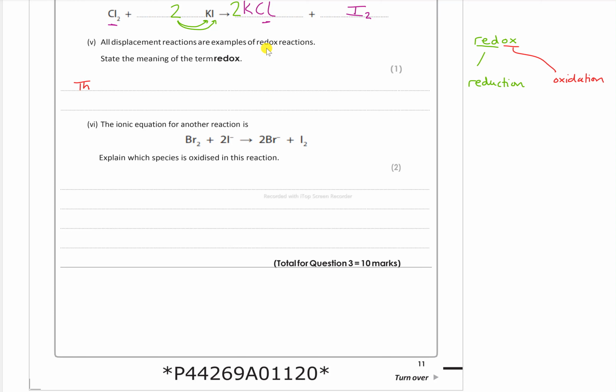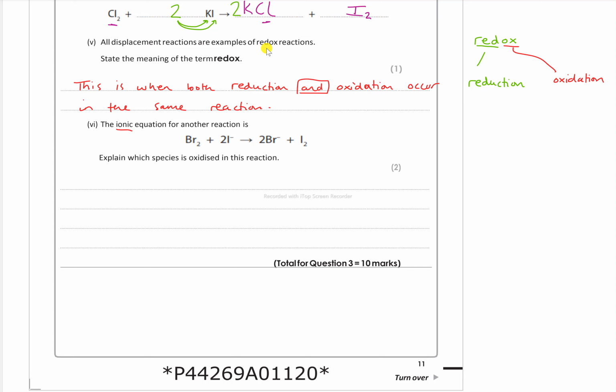This is when both reduction and oxidation occur in the same reaction.